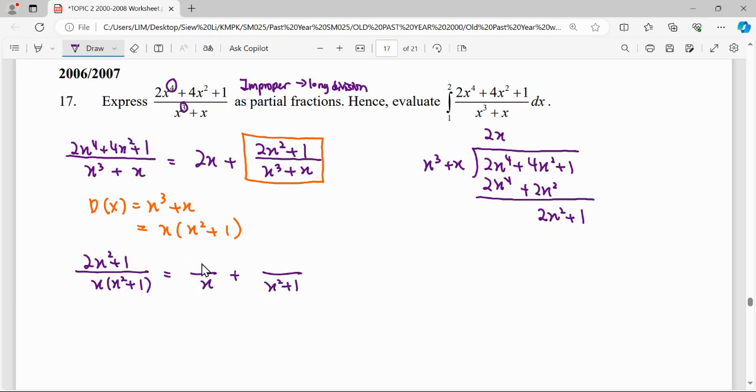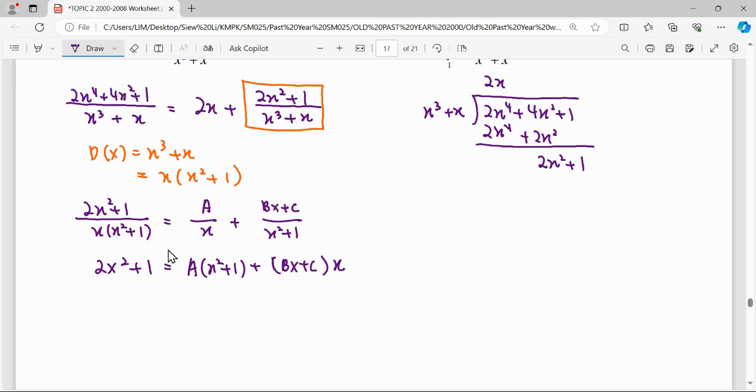So the linear factor up here will be a constant, the quadratic factor up here will be linear, bx plus c. Next step, we're going to equate the numerator, where A needs to be times the factor it doesn't have. Meanwhile, bx plus c is times the factor of x.